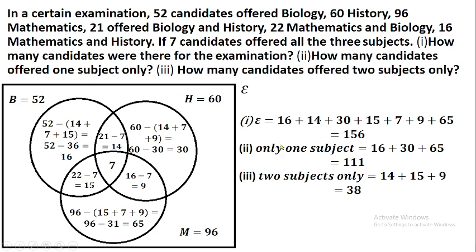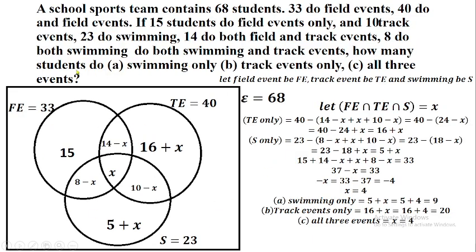Now let's see another question, what you are seeing right now. A school sport team contains 68 students. That means the universal set is 68. 33 do field events.